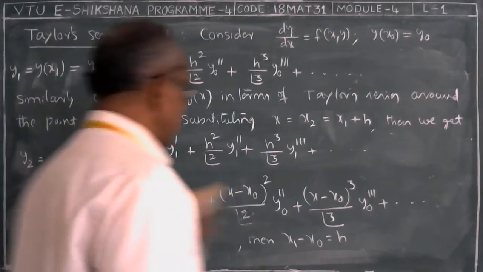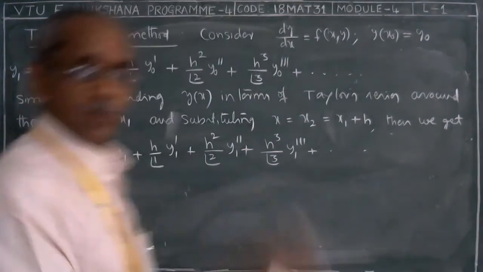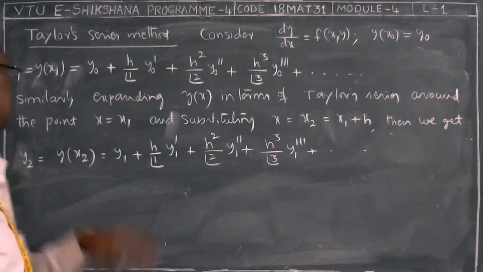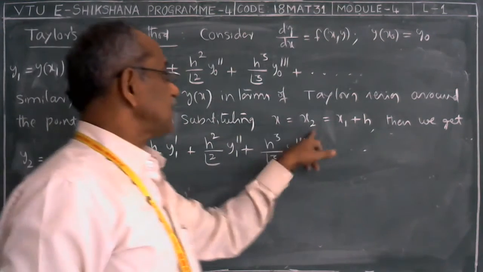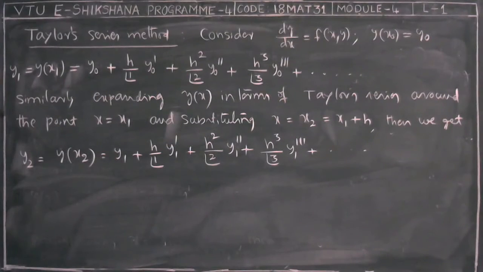Again, after getting the value of y2, to find the next value y3, we make use of the previous value and expand y of x in terms of the Taylor series around the point x is equal to x2 and replacing x by x3 is equal to x2 plus h, then we obtain y3.